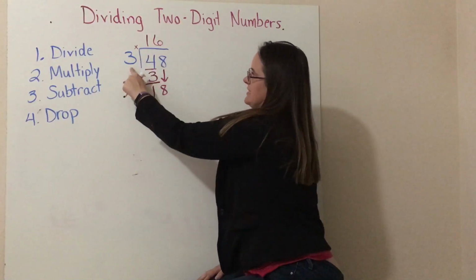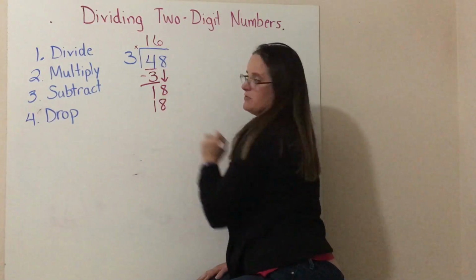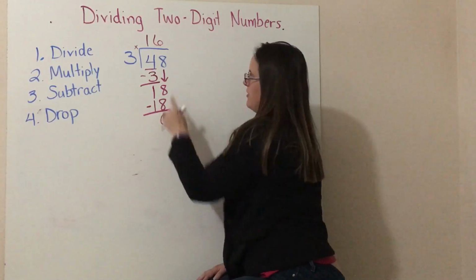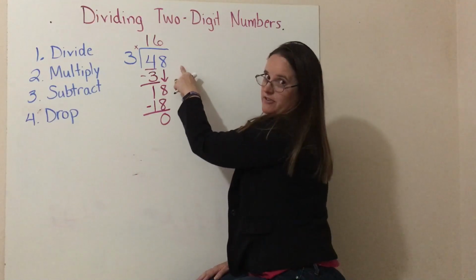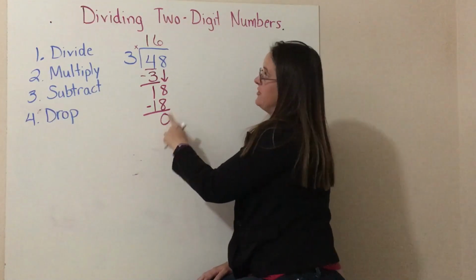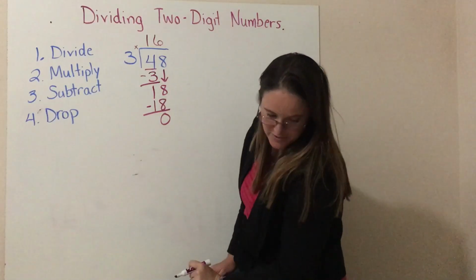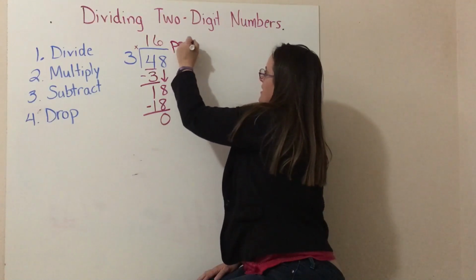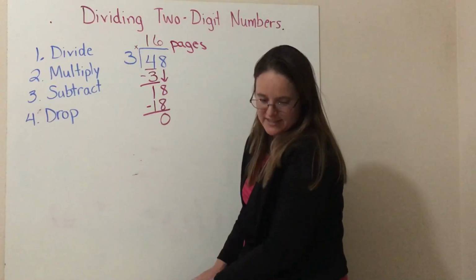Multiply. 6 times 3 equals 18. Subtract. I get 0, and I have nothing left over here to drop. So I don't have any remainder. I will need, or Maria will need, exactly 16 pages to put her postcards in.